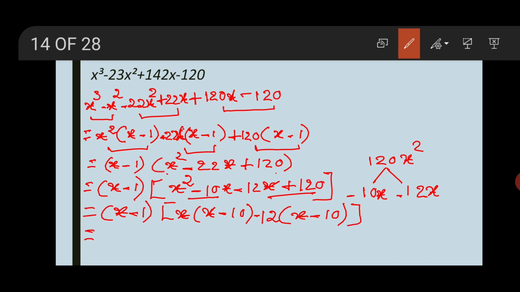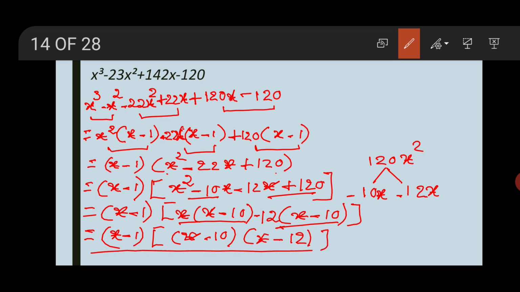Now it is equal to x minus 1 into, here, x minus 10 in two terms. x minus 10 is common, take outside. x minus 12 is remaining. So the factorization of the given polynomial is in this way: x minus 1 into x minus 10. I will write once again, x minus 1 into x minus 10 into x minus 12.